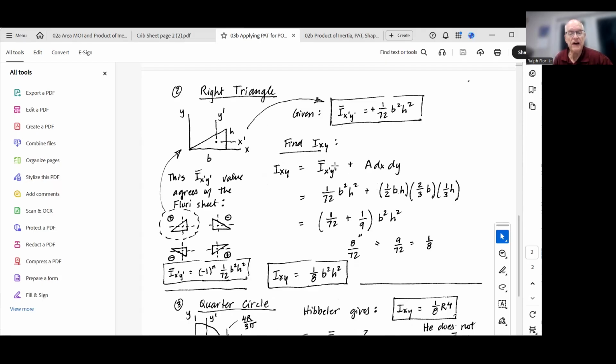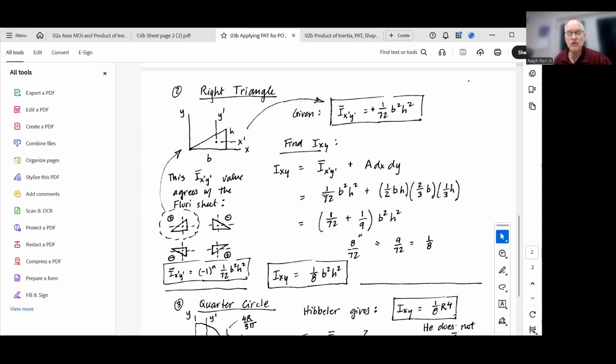So the centroidal value is positive 1/72 b squared h squared plus the area, which is 1/2 base times height. The dx distance is 2/3 b, because this is 1/3 b, this is 2/3 b. And then the dy distance is h over 3. So 2/3 b and h over 3.